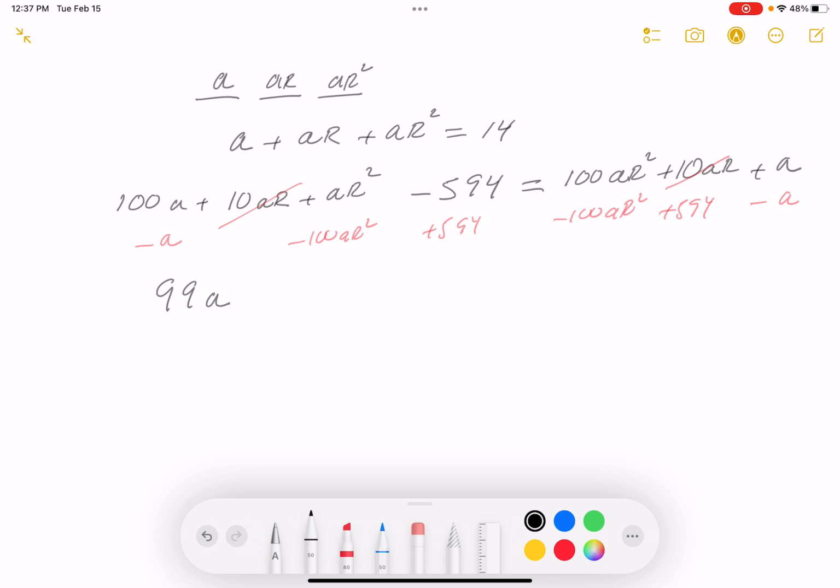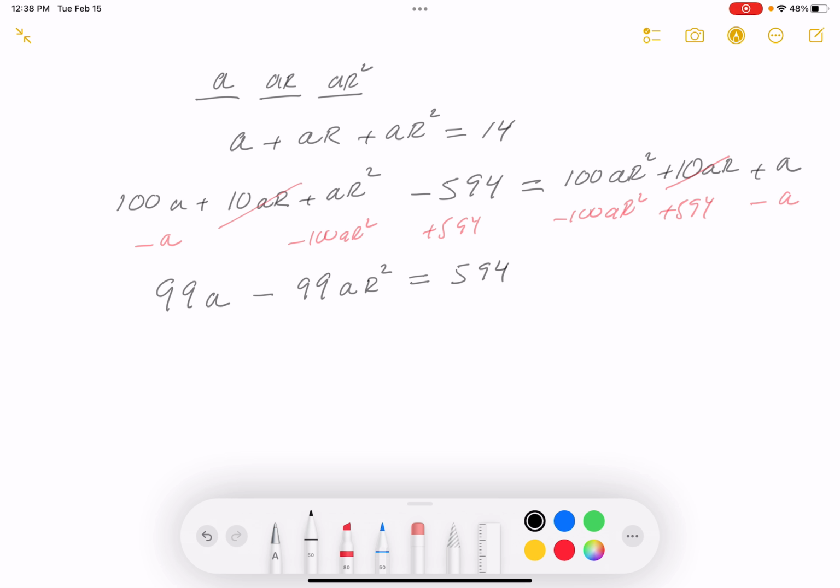Well, let's write this down. 99A minus 99AR squared equals, let's say if I did that right, 100 minus 1 is 99, 1 minus 100 is minus 99, and it's 594. All right, let me pause for a moment and make sure I copy the right number down before I go further. Yeah, 594. What I'm going to do is divide 594 by 99.